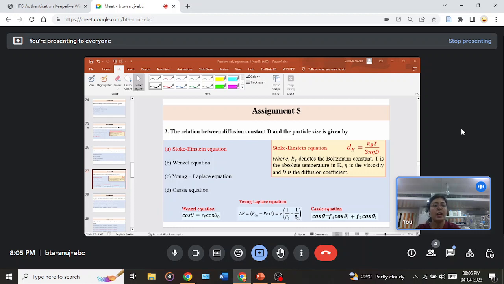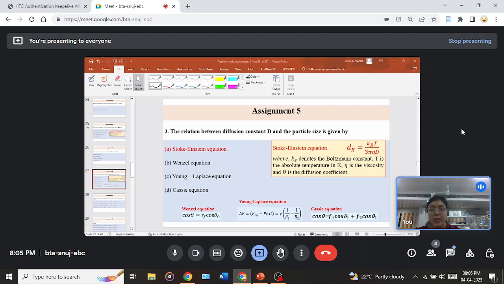Again, if you relate back to the previous question, we saw that characterization of protein aggregation can be done by determination of hydrodynamic diameter. I think option A is quite familiar now. You might be familiar with this Stokes-Einstein equation.